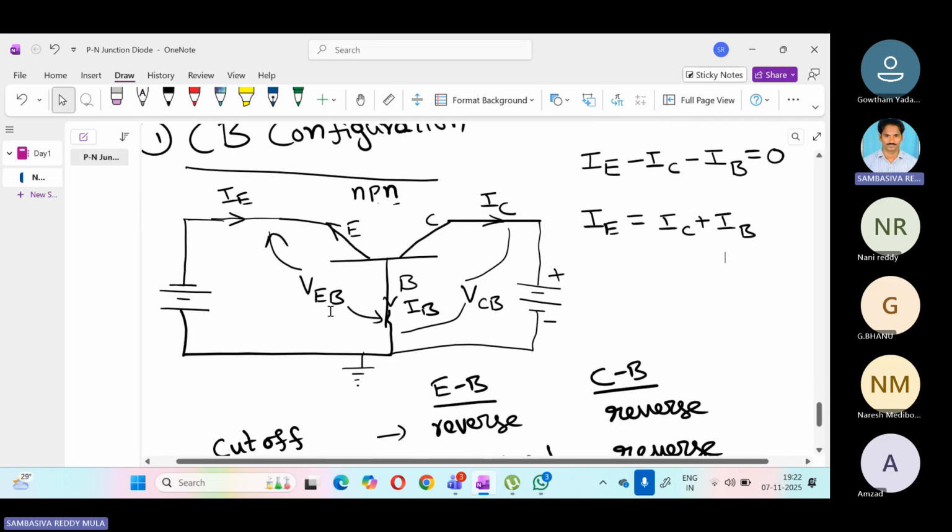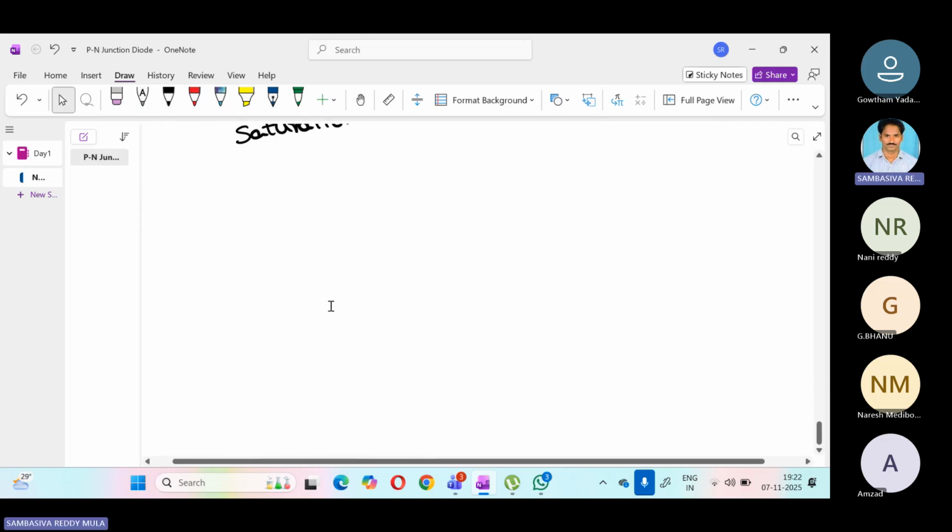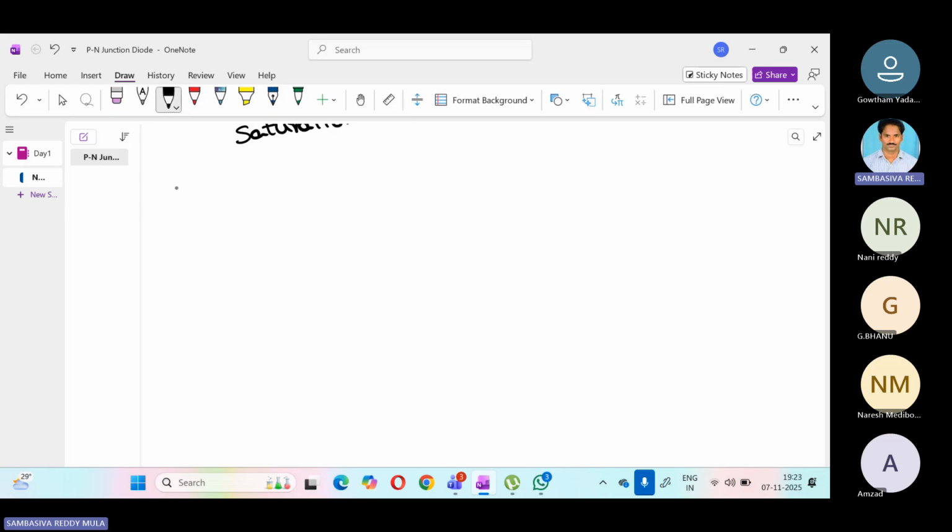Coming to the CB configuration, if the transistor acts as an amplifier, what is the current gain or current amplification factor? In the common base configuration, the current amplification factor is defined as alpha. Alpha is nothing but the current gain.